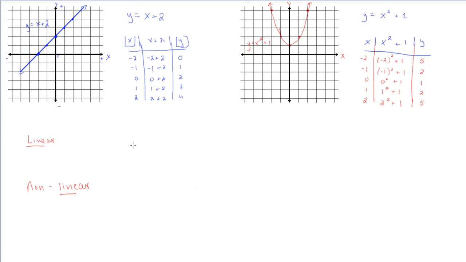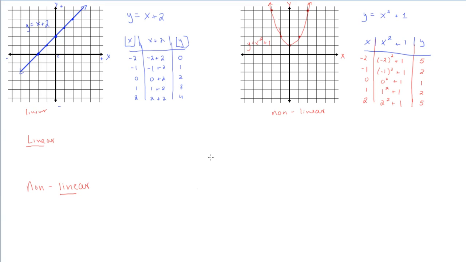So you can think, well, which of these makes a straight line? Okay, well, that happens to be this first one, this y equals x plus 2. So this is linear, and this one does not make a line, so we can assume that this is a non-linear function.